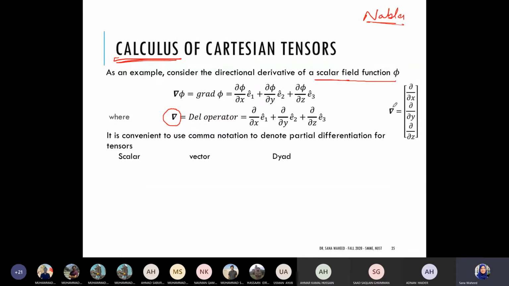So we can apply this del operator to each of the types of field. It could be a scalar field, vector field, या higher order tensor field. So अगर हम एक scalar field के ऊपर apply करें, then उसको grad भी कहा जाता है, by the way. So this thing then becomes the grad या gradient of phi.